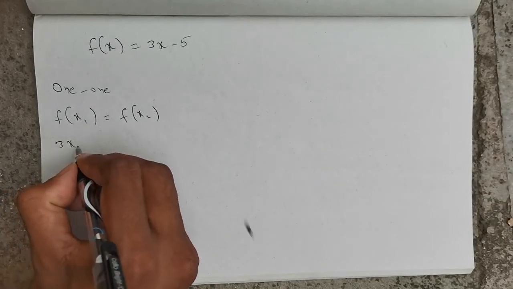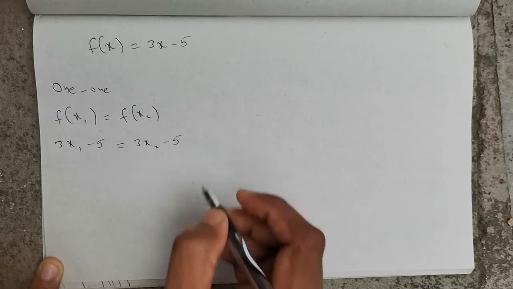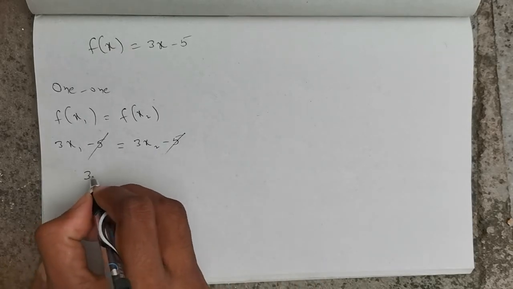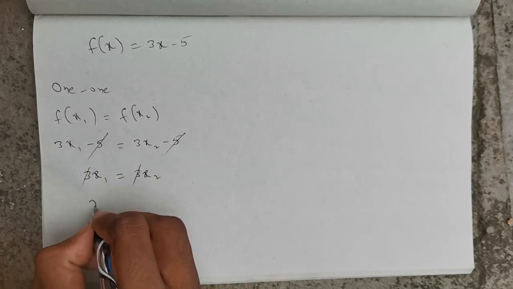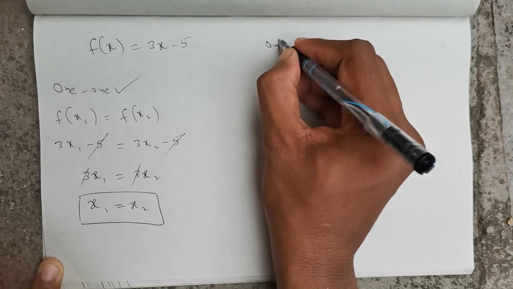So 3x1 - 5 = 3x2 - 5. Left side minus 5, right side minus 5, both get cancelled. 3x1 = 3x2. 3 cancels, so we remain with x1 = x2. It is one-one.